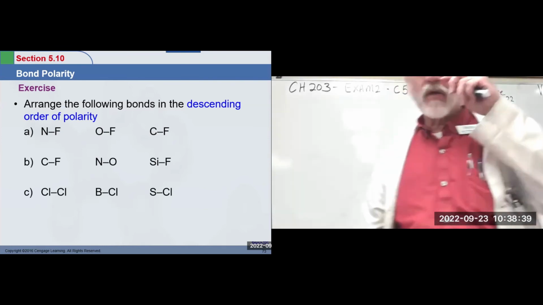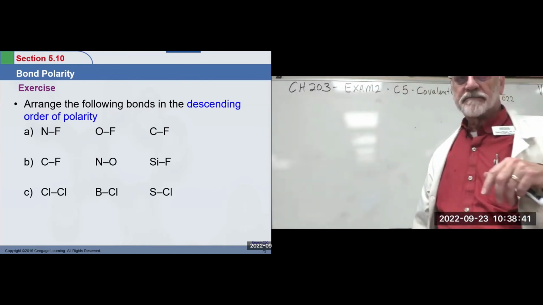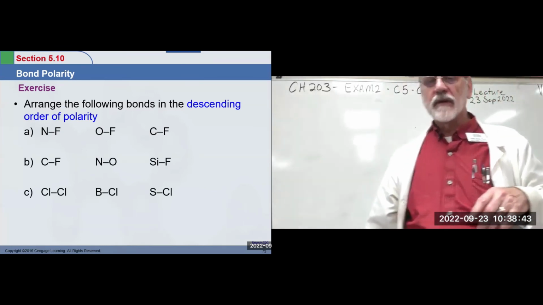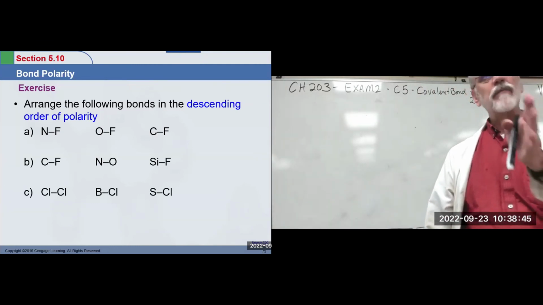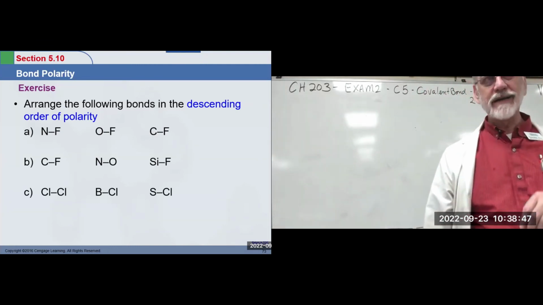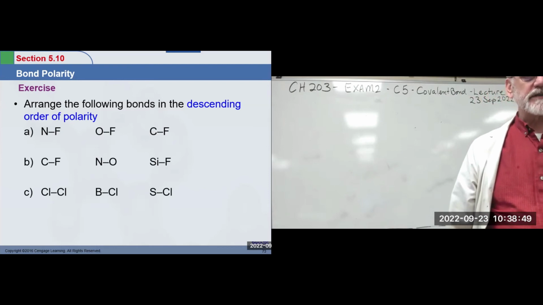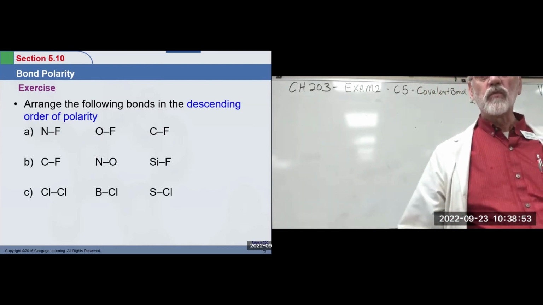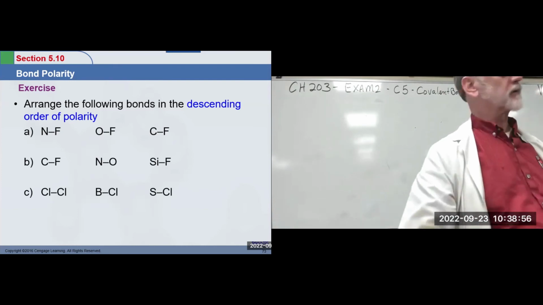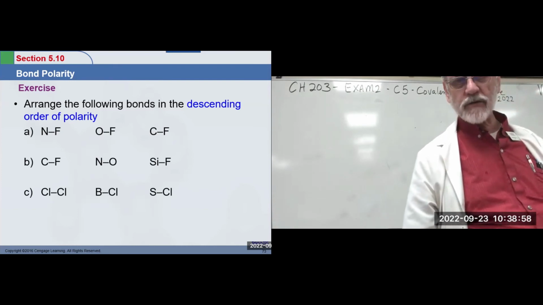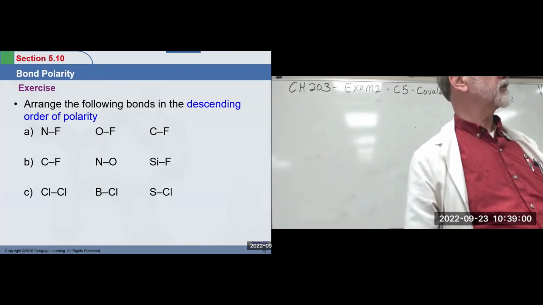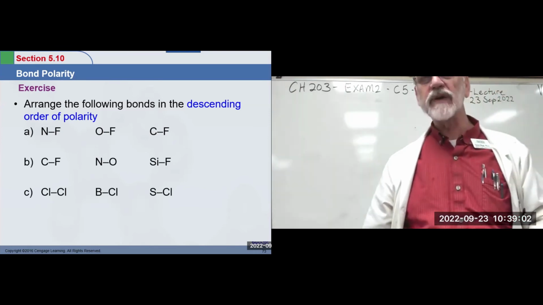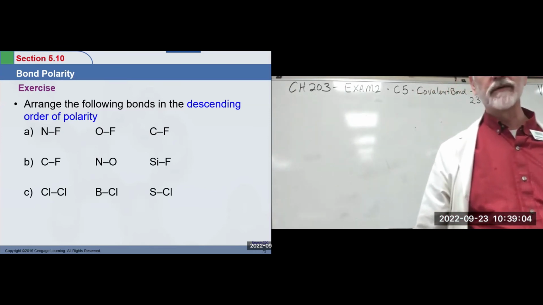Arrange these in descending order of polarity. The first one is easy, right? Because fluorine is a member of each one. It's got the maximum polarity. So the most polar will be the one where the atoms are farthest apart. You got nitrogen, oxygen, and carbon. Carbon and fluorine are the farthest apart. It will be the least polar.